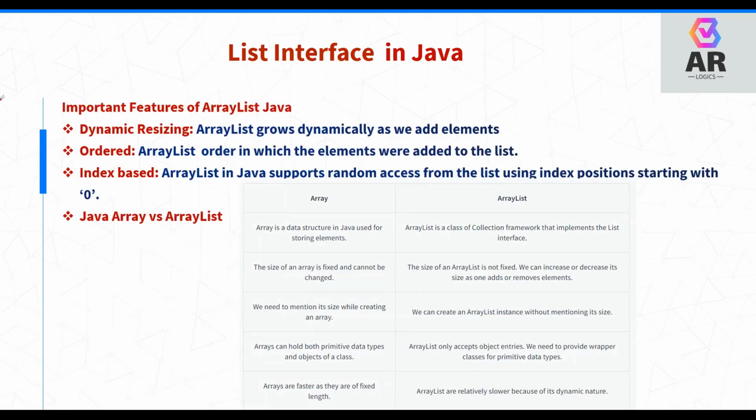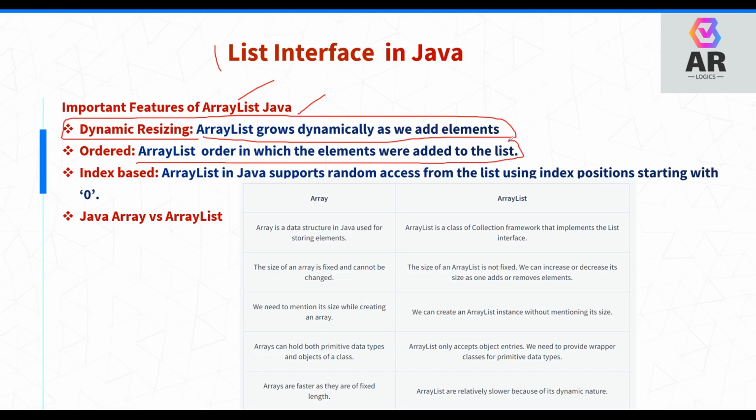What are the features of ArrayList? We are using the List interface and ArrayList. What is the advantage of ArrayList? ArrayList is an implementing class, and List is an interface. ArrayList grows dynamically as elements are added. It is ordered: ArrayList keeps the order in which we add elements to the list.